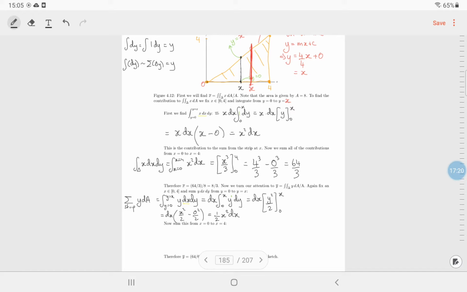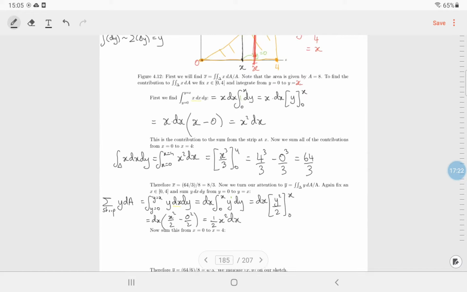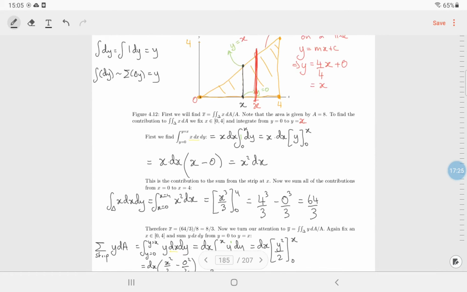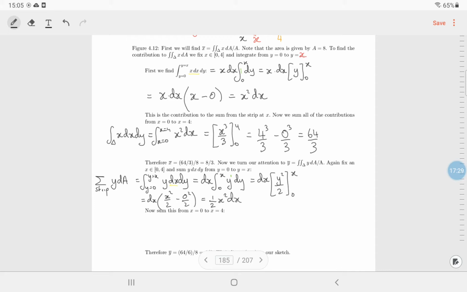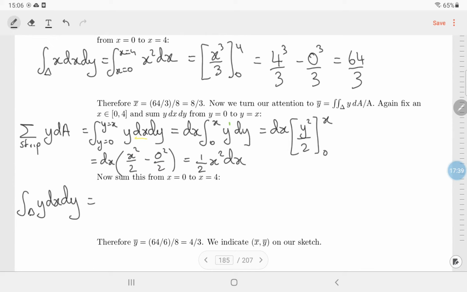Okay, so now what we're going to do is add up from each strip at x equals 0 to x equals 4. So we get the integral over the triangle of y dx dy is equal to, add up from x equal to 0 to x equal to 4, the contribution to the sum from a strip, which is a half x squared dx.